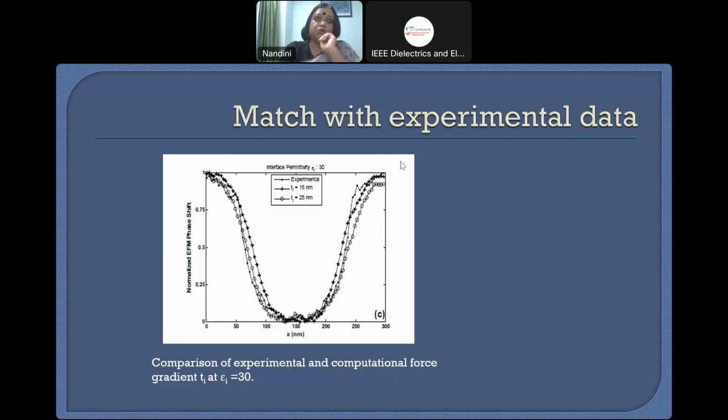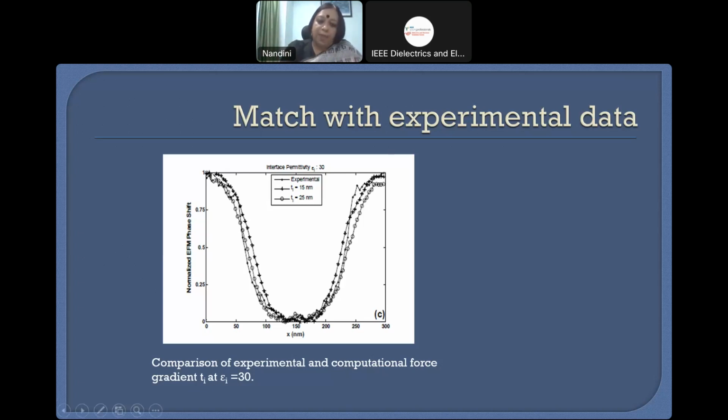We match them by assuming various thicknesses and various permittivities of the interfacial region across a single particle. So here we are able to get rid of the averaging phenomena when we take a large number of particles. We are not concerned with dispersion. We are not concerned with particle size distribution. We are concentrating on a single particle, and then we repeat with various particles.